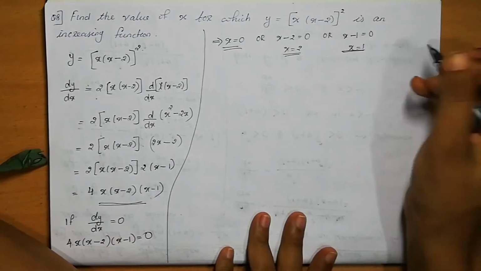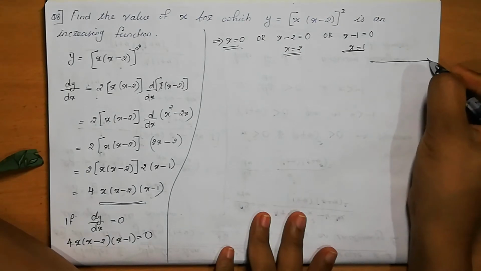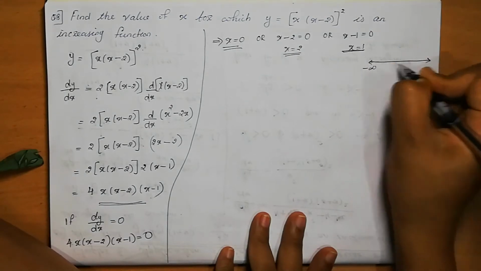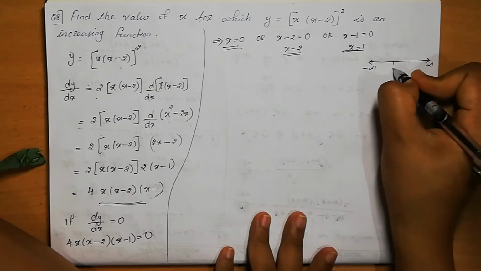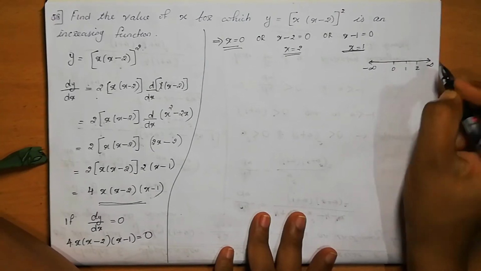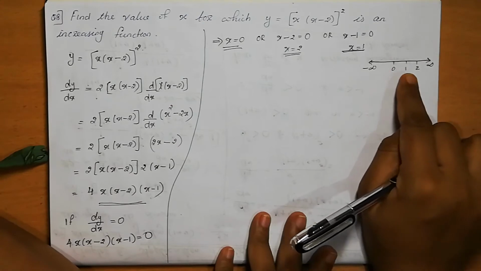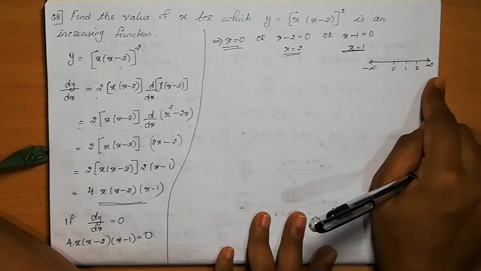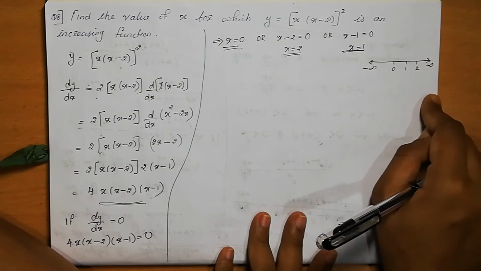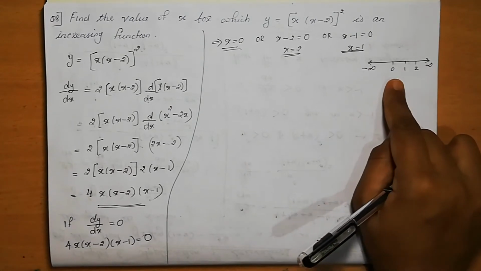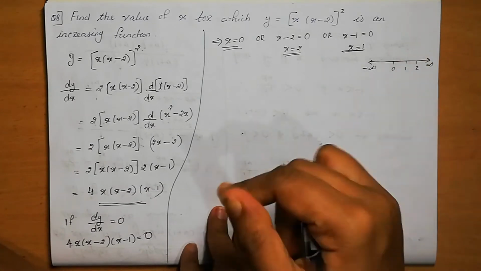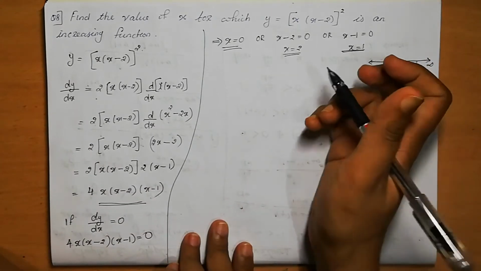That means we can write the interval. Correct. So how we will write the interval? Minus infinity to infinity. So here 0, 1 and 2 are there. So minus infinity to 0, 0 to 1, 1 to 2, 2 to infinity. So like this we will get the intervals. Correct. So these divide the number line into 4 intervals, and each one we need to check.